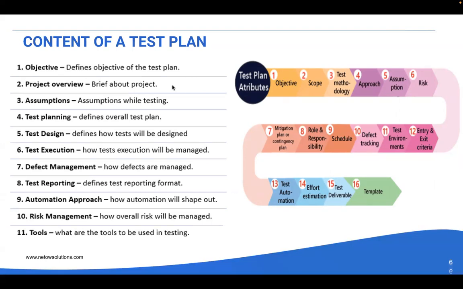Then we also have the overview of the project, what the project is and what it means to the company using it, the assumptions while testing, and test planning. Basically, the test plan explains on its own to the team members or associates in the company what would be done.